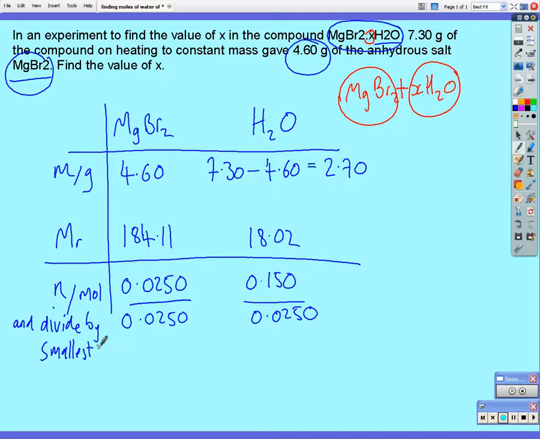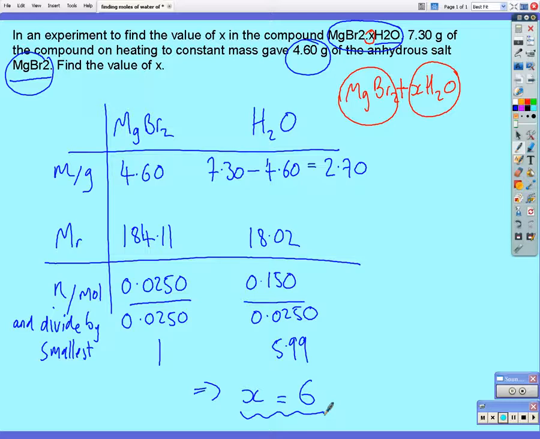That gives us a ratio of 1 to about 5.99. Of course, the value of X must be a whole number or an integer, so we can see that the value of X must be 6. So there are 6 molecules of water for each magnesium bromide unit.